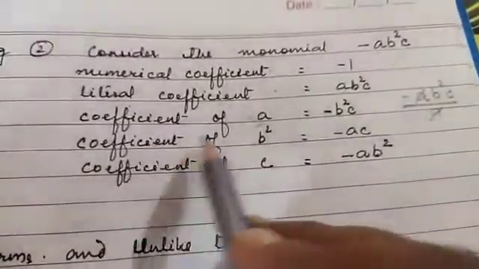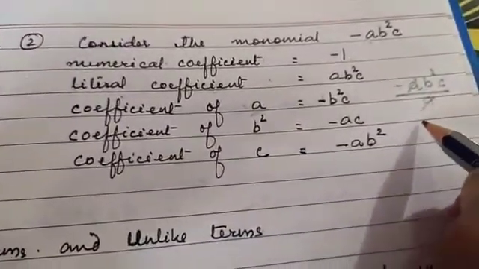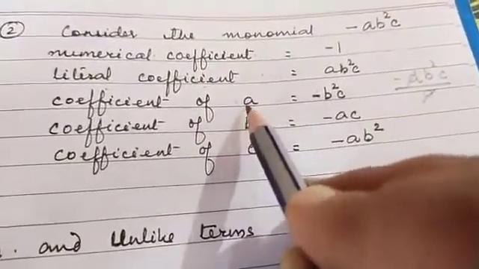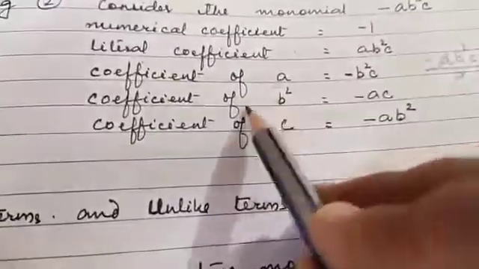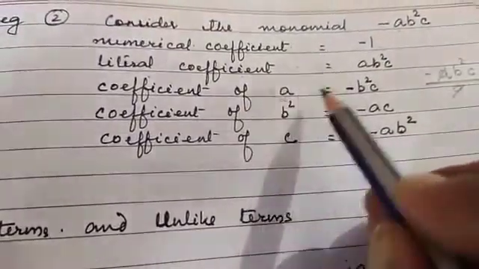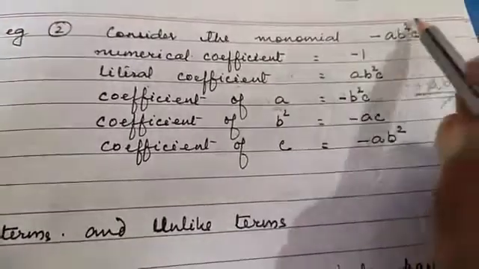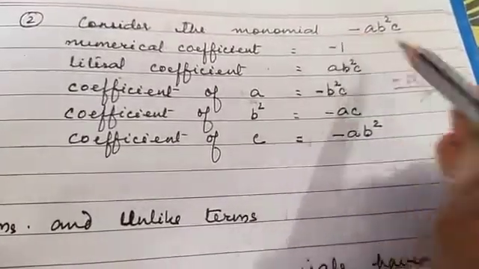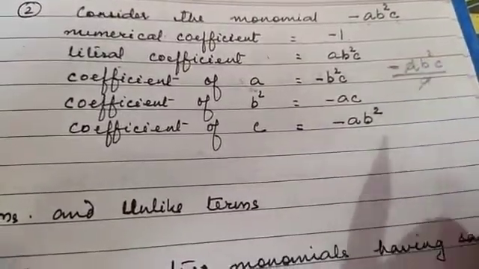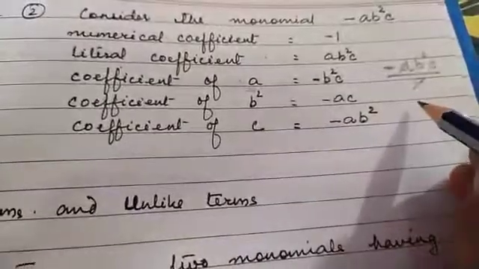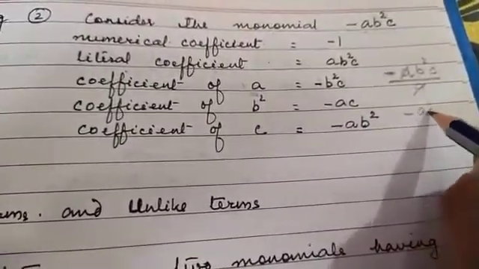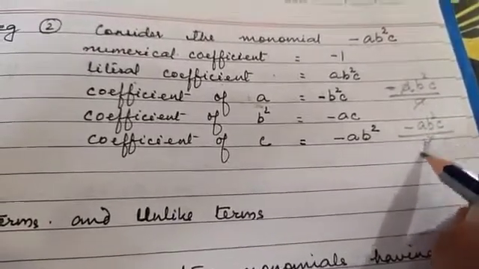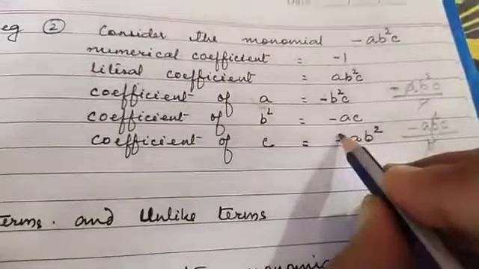When we write the coefficient of any factor, then we take the whole term together. So here this term is having a minus sign, so the minus sign is also taken. Then coefficient of b square: minus ab square c by b square. b cancelled. What remains? Minus ac.